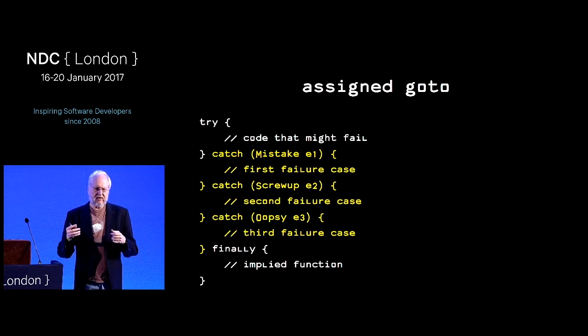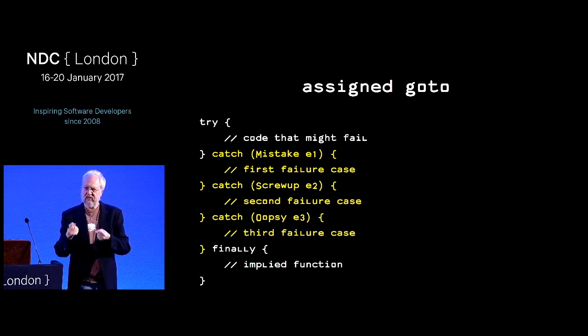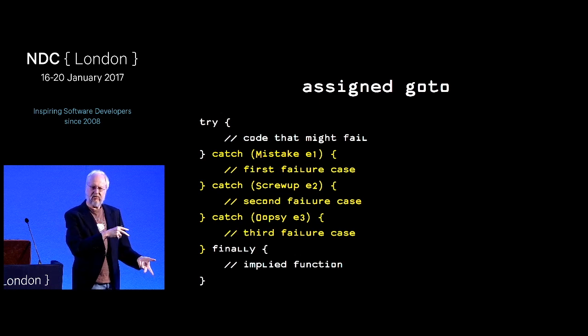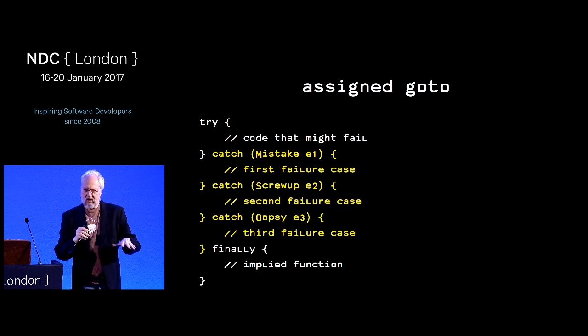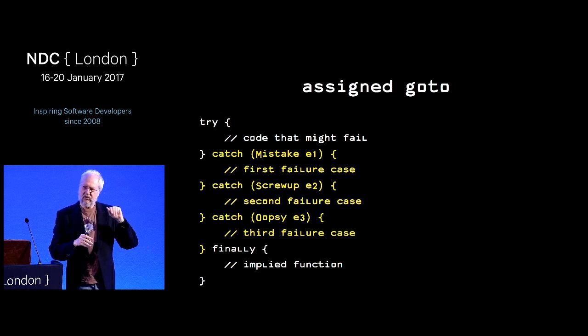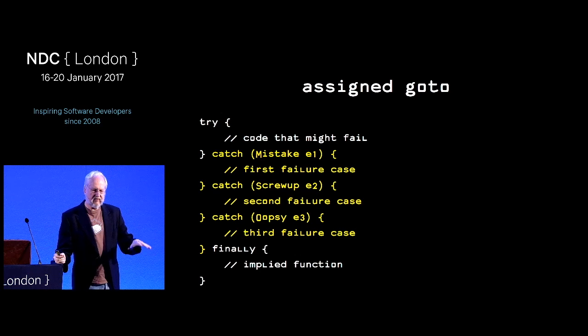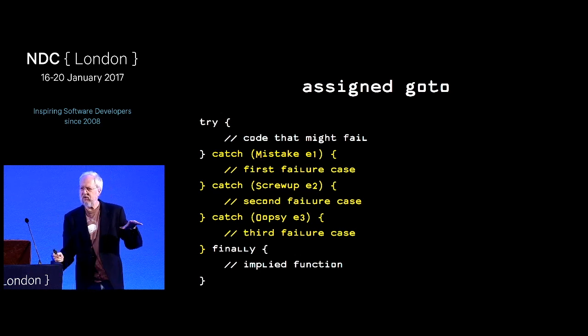And so because the type system doesn't allow a single method to return things of multiple types, it will instead use the catch clause as an alternate control flow in order to sneak stuff through. So it's a misuse of the exception system, again, motivated by problems in the type system.